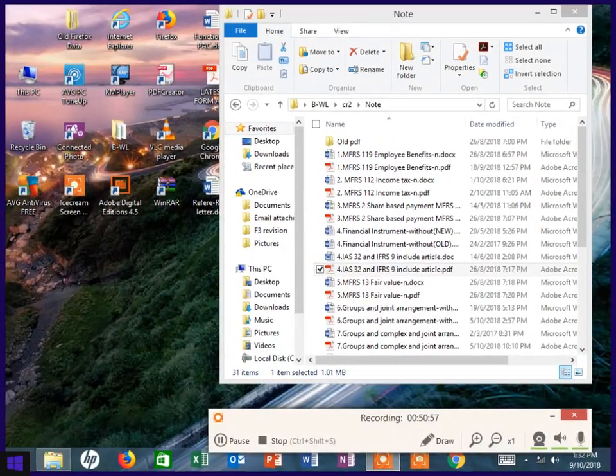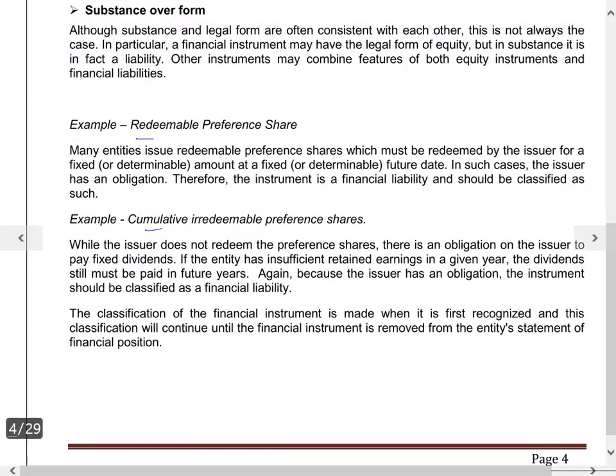Now, here, second example, the keyword here is cumulative, because it can be non-cumulative. We have cumulative preference share capital, 10% cumulative preference share capital.